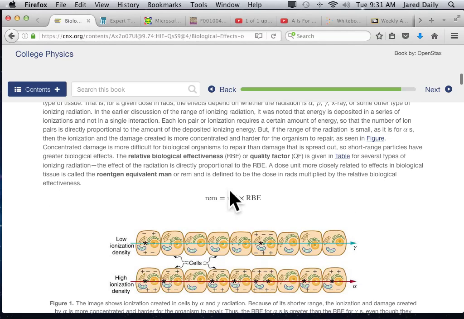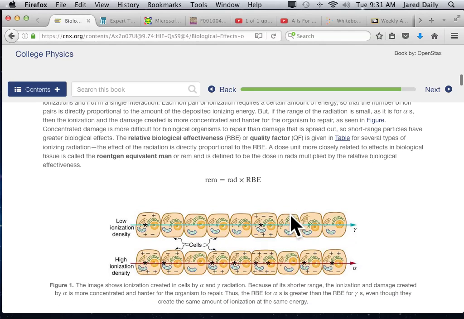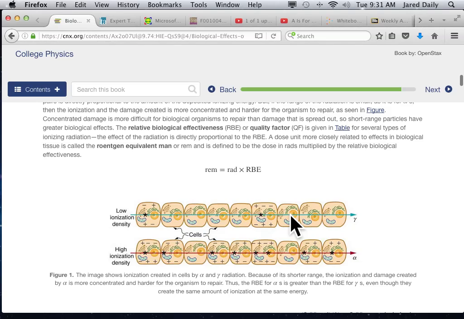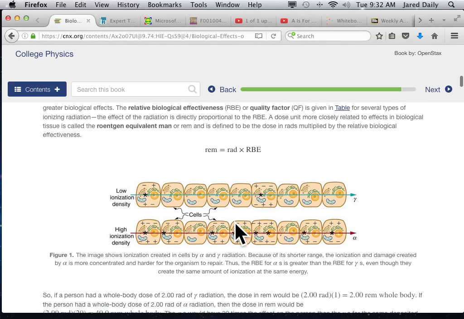And essentially what this is, we multiply the number of rads that you have by a relative biological effectiveness, which has something to do with how the particular radiation is going to, I think, penetrate the body, because different types of radiation penetrate the body differently.